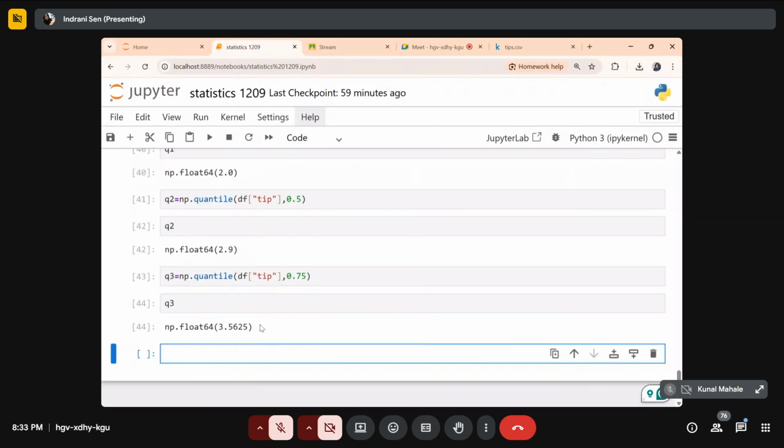Then we are calculating to find out the outliers. We have to find the lower bound and the upper bound.